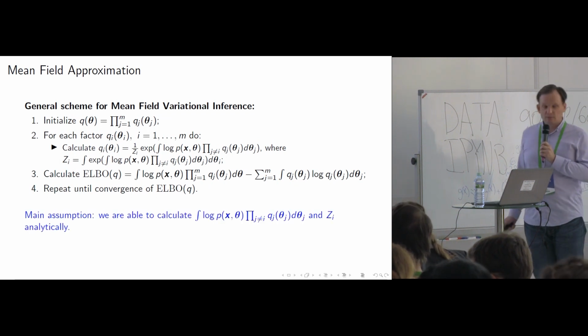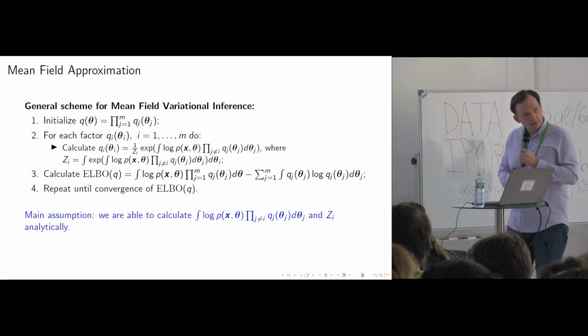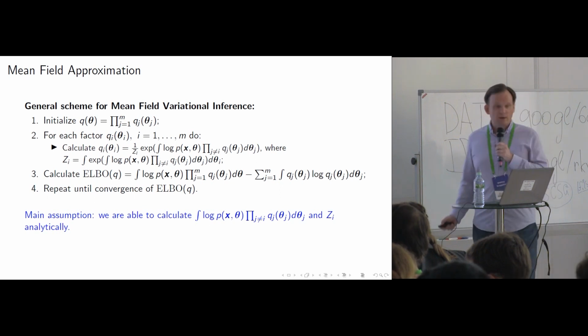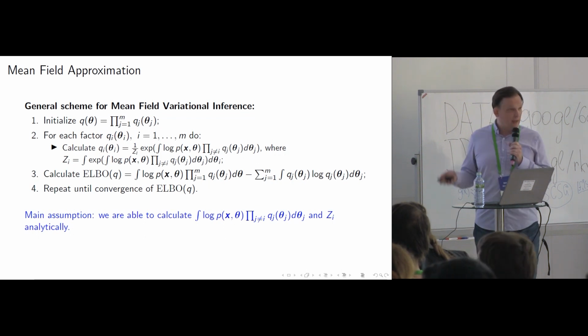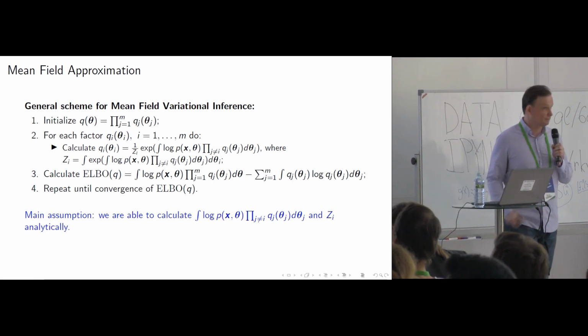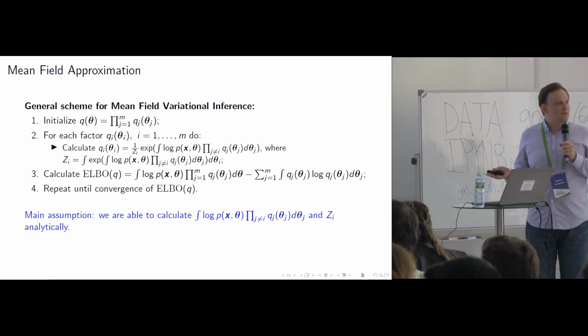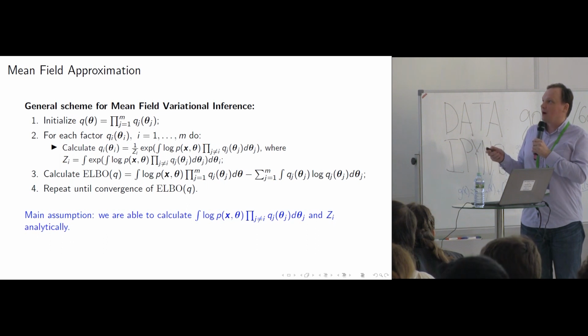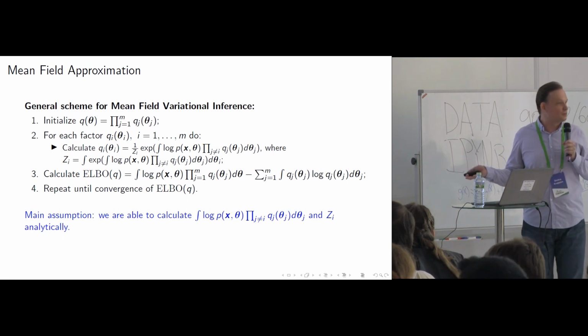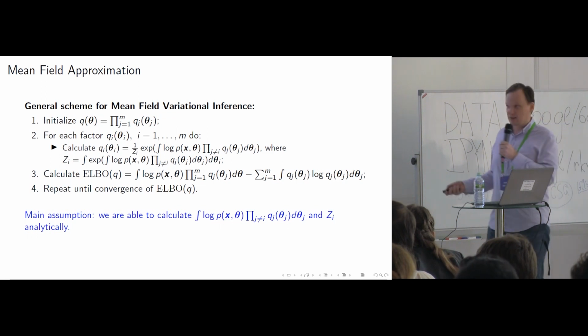The main assumption that we actually make here in order to make this algorithm work is that the integrals that you see here can be calculated analytically. Because otherwise we just can't work with arbitrary probabilistic distributions. How is it possible to assign this thing?